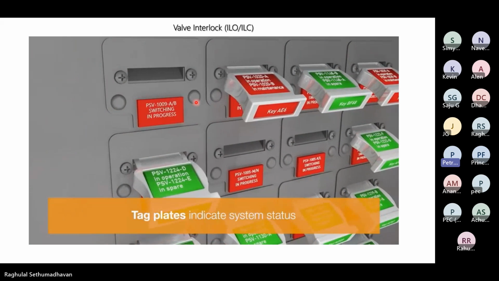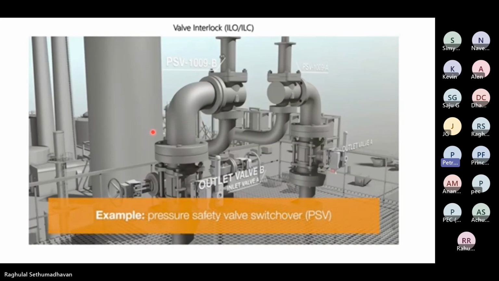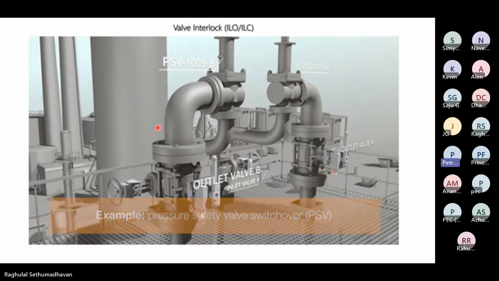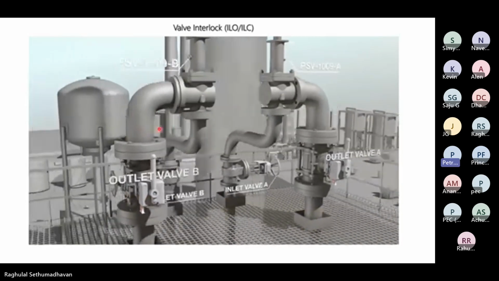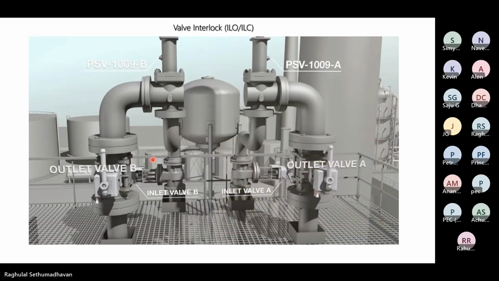Once there is a requirement to interchange the pumps, we will take permission and we will take that lock from the valve set box. Then we will switch over to the pump.